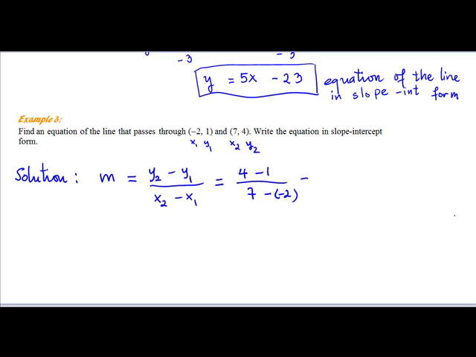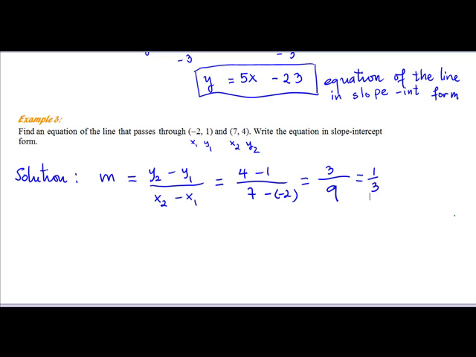Okay. So I have 3 over 9. The minus and the minus become a positive, so 7 plus 2 is 9, and 4 minus 1 is 3. Simplify, I have 1/3. So now we have a slope, and 2 points is enough for us to find the equation of the line.